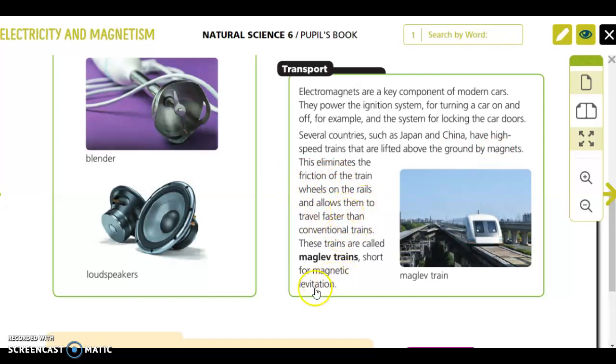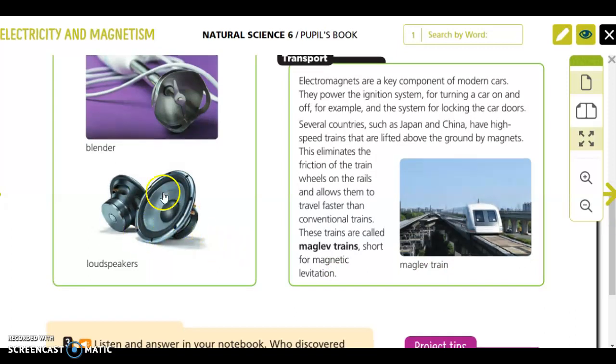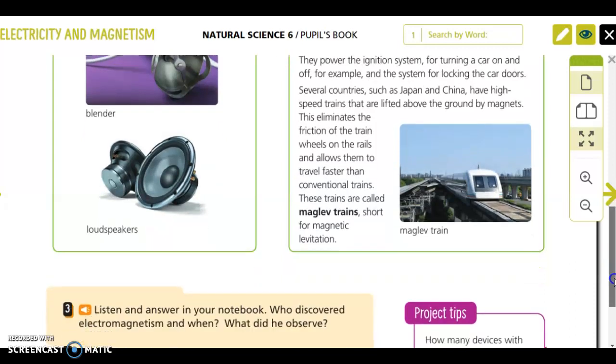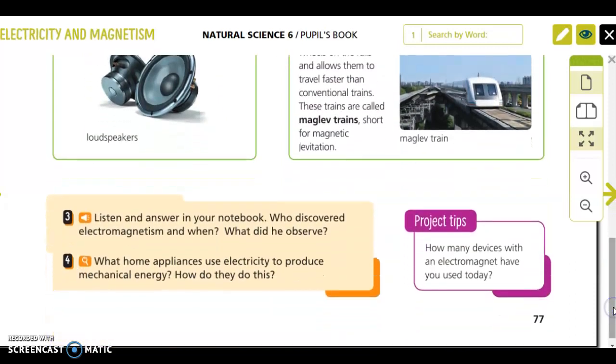You can also experience that kind of levitation if you put two poles of magnets together and you see that you cannot put them together. Even in the speakers they have magnets inside, which is very interesting, don't you think so?